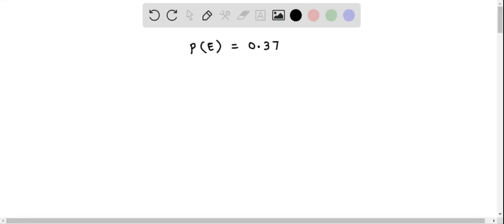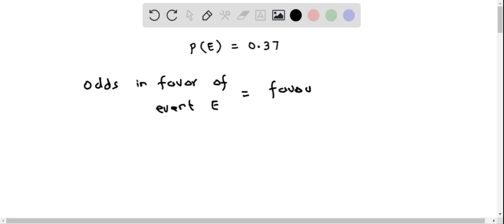We now determine the odds in favor of event E, given that the probability of event E is 0.37. So we write the odds in favor of event E. This basically is the ratio of favorable outcomes to unfavorable outcomes.